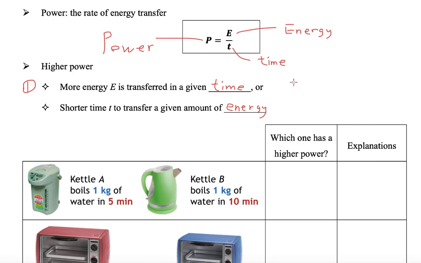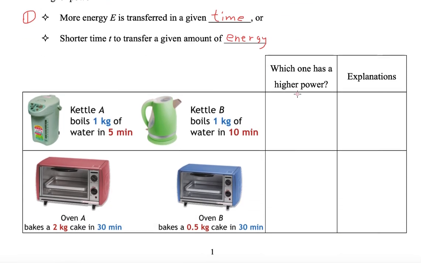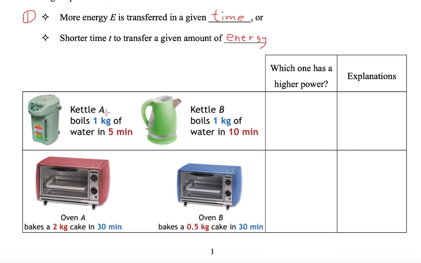And this may be a little bit abstract, so let's take a look at the examples below. Kettle A and kettle B, which one has a higher power? So let's see, kettle A has the ability to boil 1 kg of water in 5 minutes. And kettle B can boil 1 kg of water.